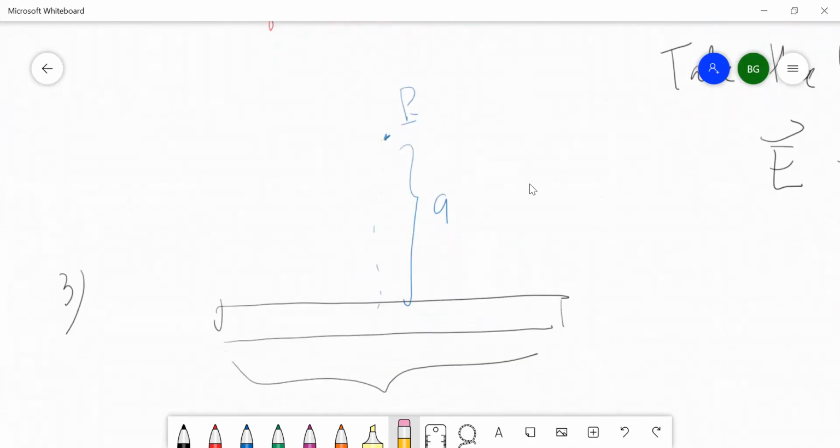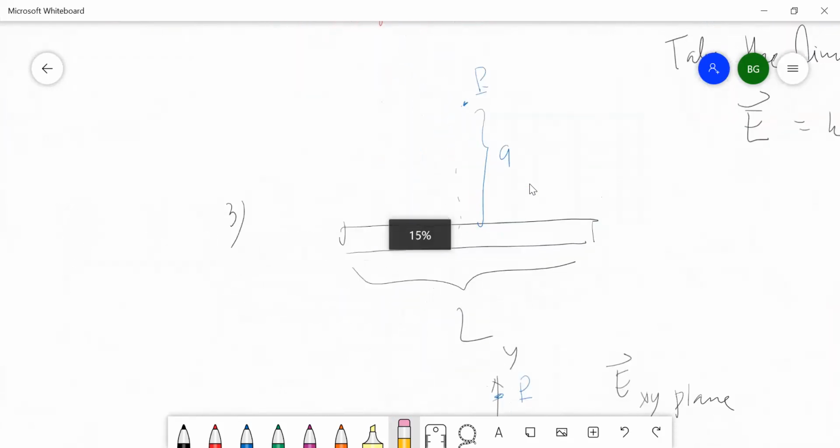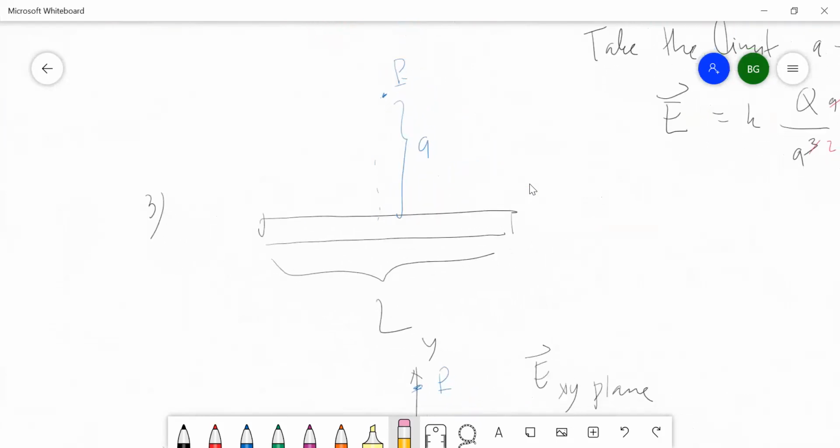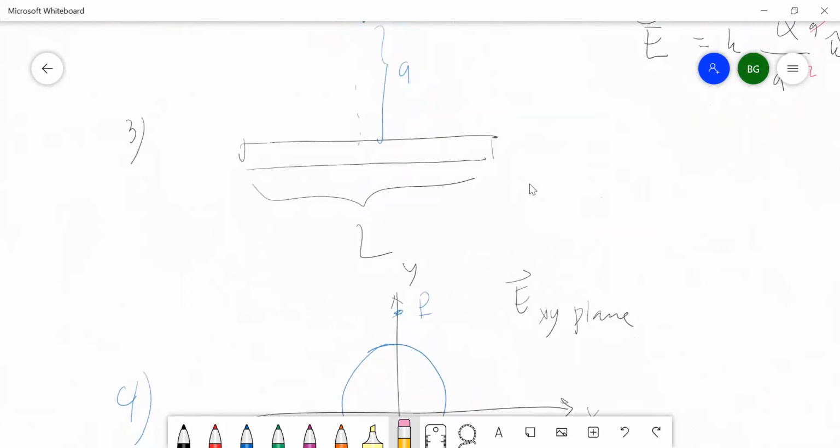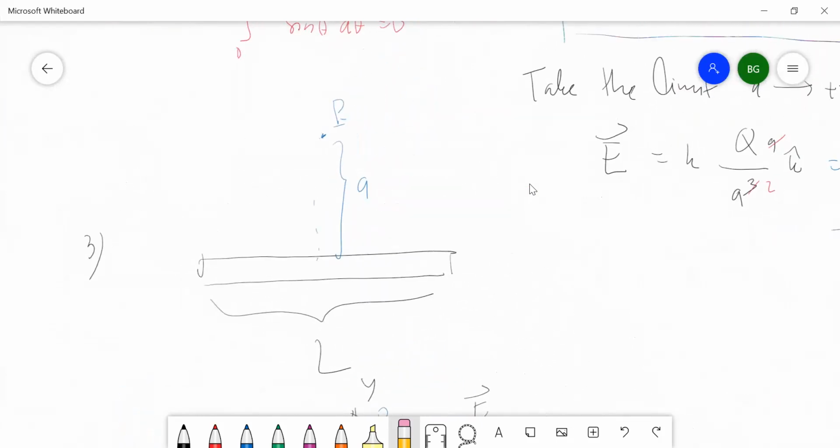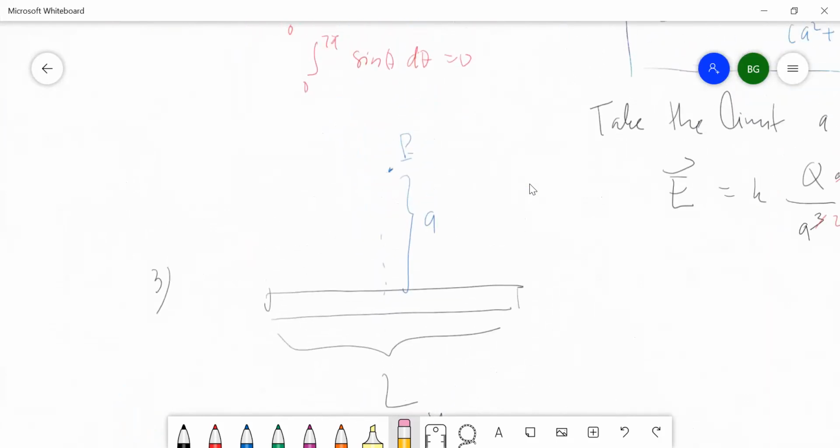Okay. So the third example, we have also a rod, but the field is on the y-axis, like this. This y-axis is perpendicular to this rod.